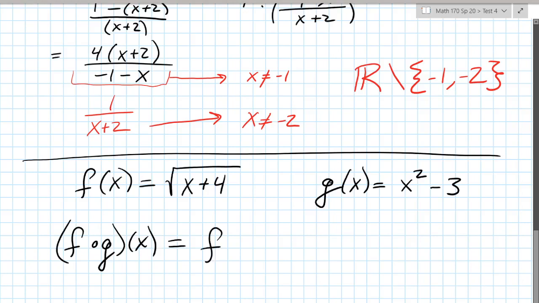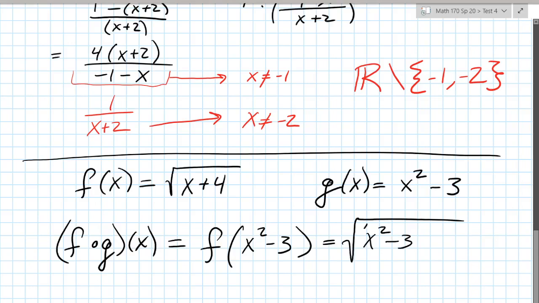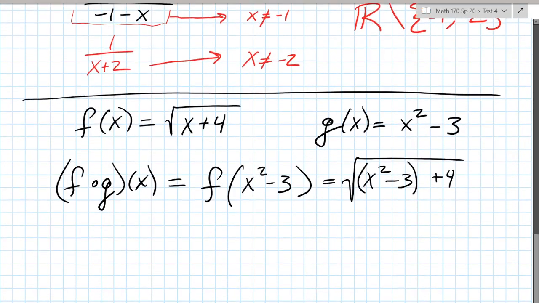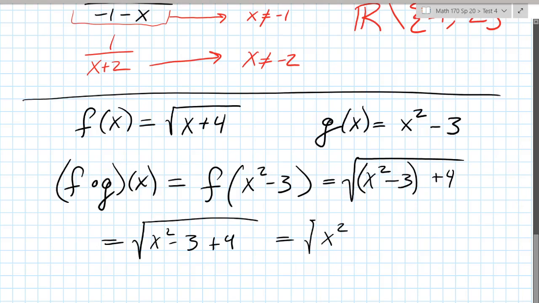F of g of x means everywhere we see x in the f of x function, we are going to replace it with g of x. So we have the square root of x squared minus 3 plus 4. So here we can simplify this, combine some like terms. The square root of x squared minus 3 plus 4 is the square root of x squared minus 1.